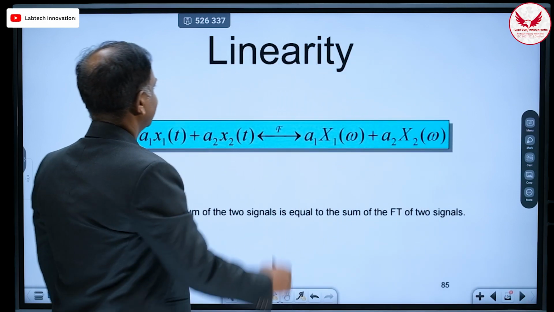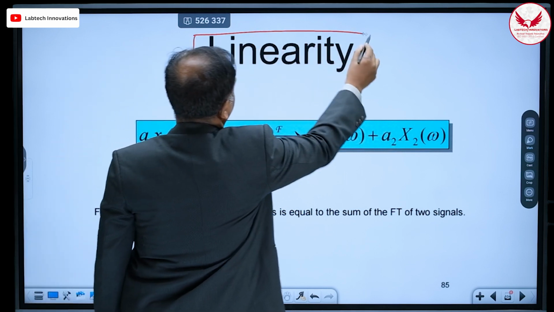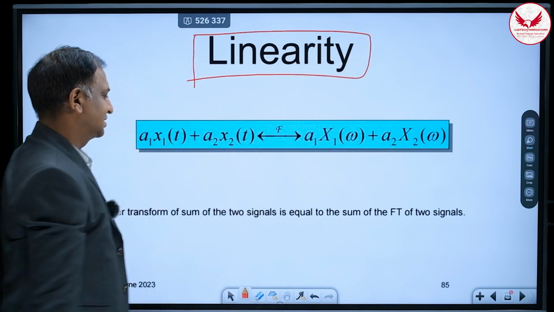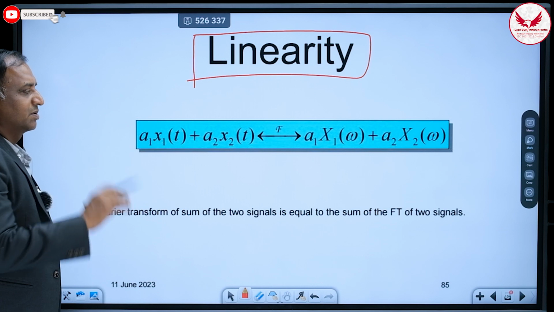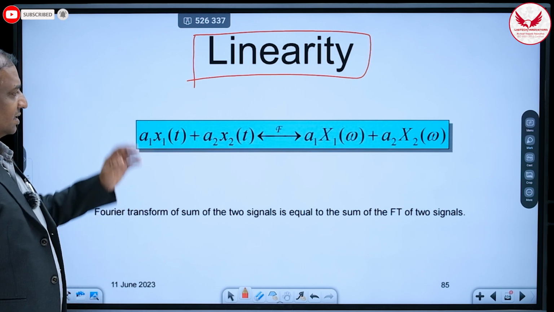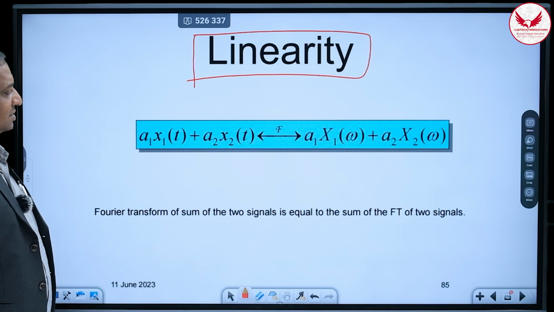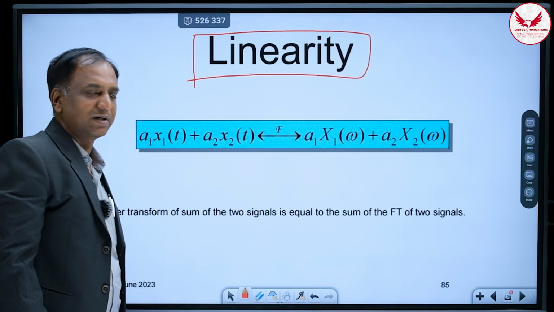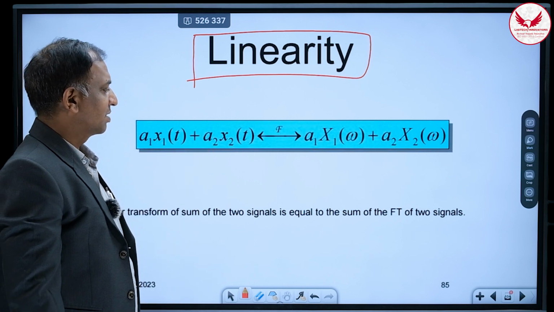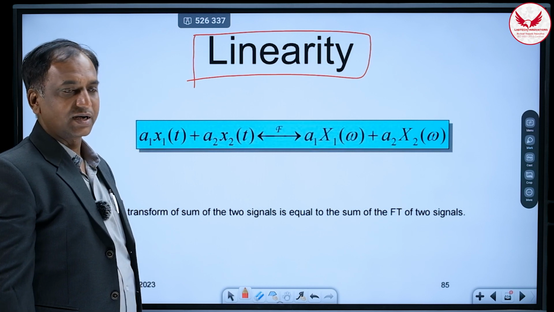Now the first property is the linearity property, which is important, and mostly for all transforms linearity is applicable. The linearity property states that if the signal satisfies the superposition principle, then linearity will be applicable for the Fourier transform.